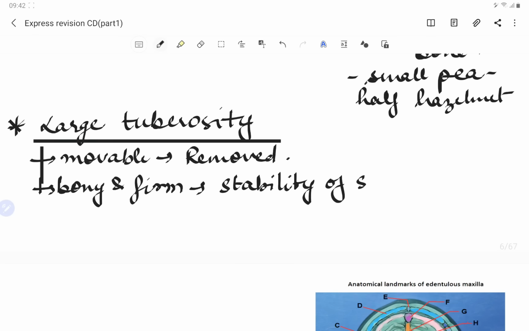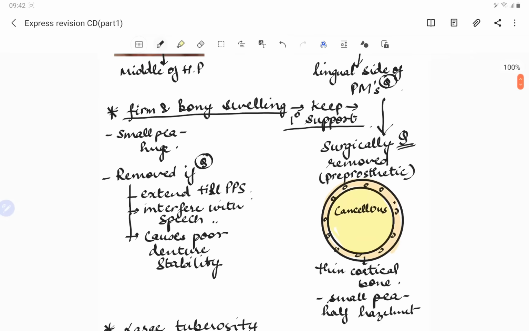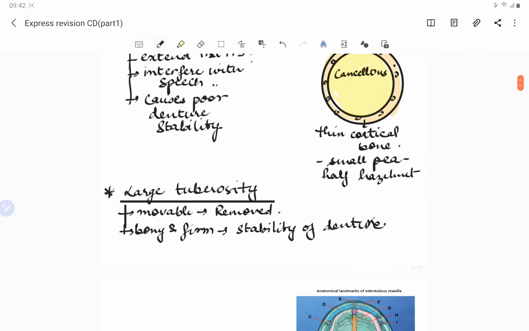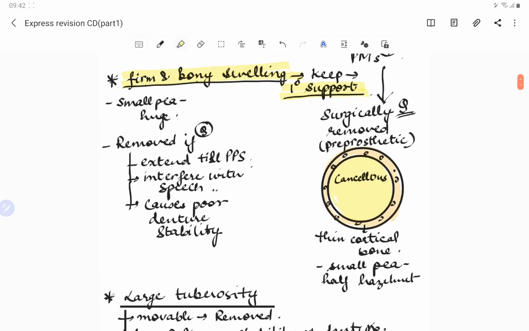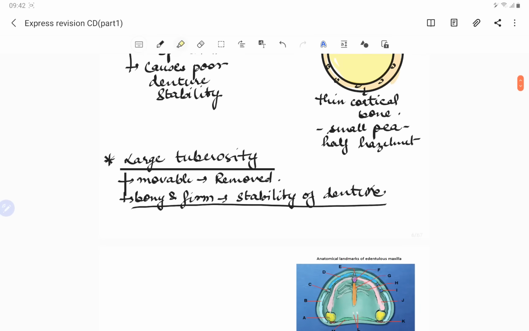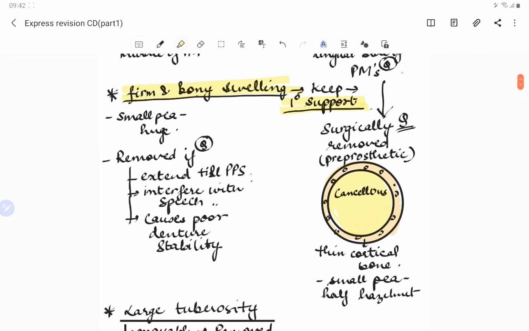I have already told you this: if the swelling is firm and bony, it is going to provide the primary support and stability to the denture. We have already talked about this point previously.